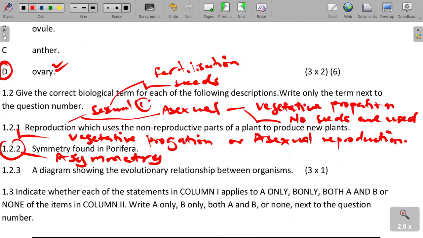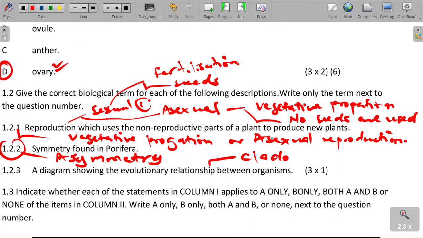And then a diagram showing the evolutionary relationships between organisms. We can trace the evolution of organisms through what we call a cladogram. A cladogram is used to show the generations that have successively developed within a certain species.